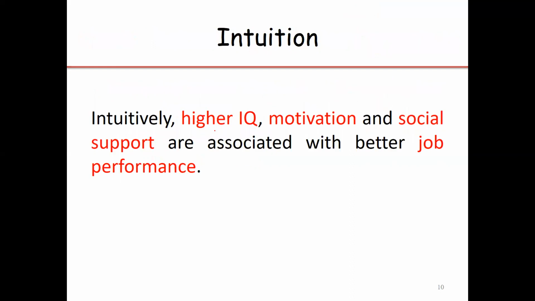Intuitively, if we have a high IQ, high motivation, and high support, there is a possibility of better job performance. And small values of these three predictors may give us low values of job performance. This is by perception.